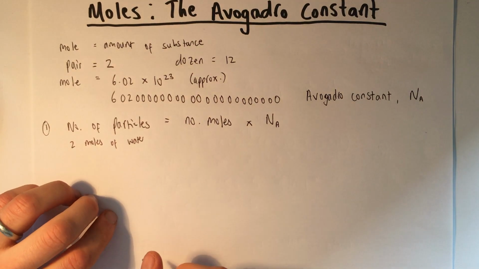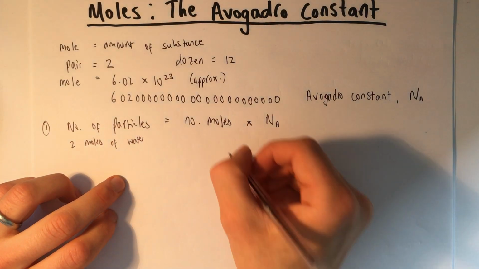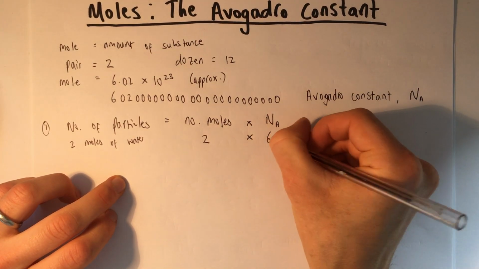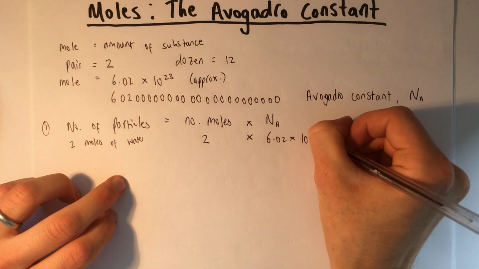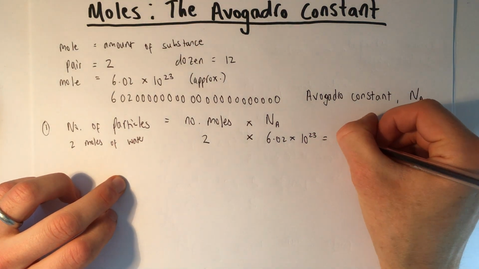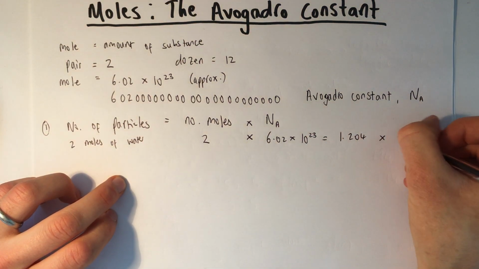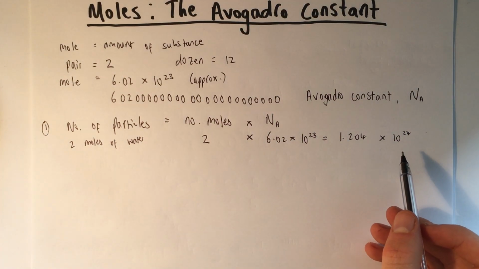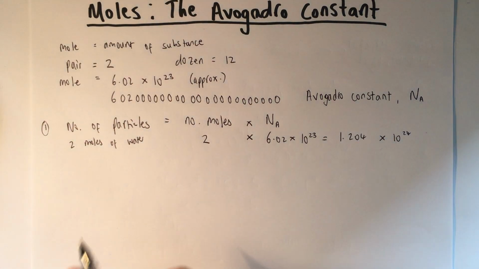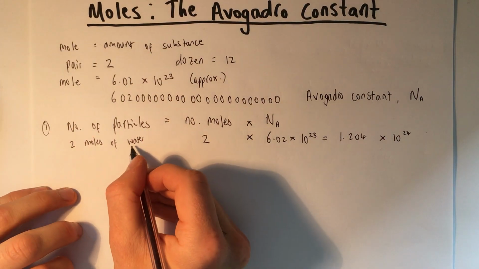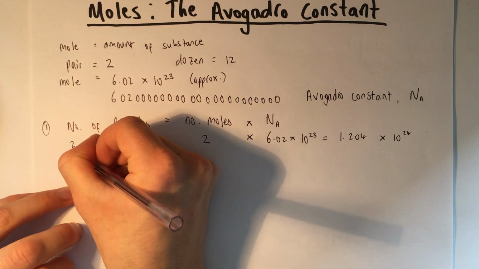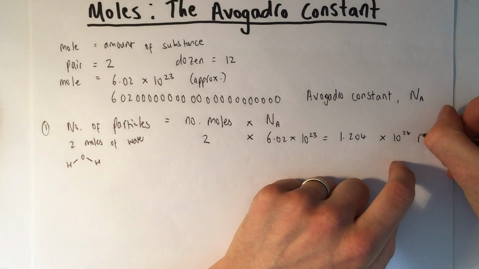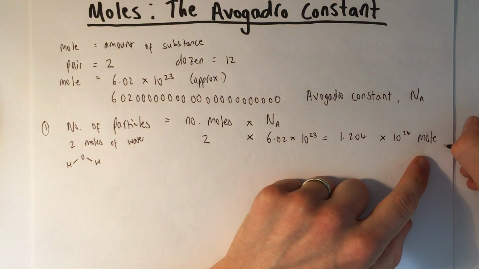And we know that water is H2O. Then the number of particles is 2 moles, so it's 2, times the Avogadro constant. And I'd find that I've got 1.204 times 10 to the power of 24 particles of water. Now, let's just be clear on what the particle is. We know that water exists in molecules, H2O. So that is the number of molecules of water in 2 moles of water.